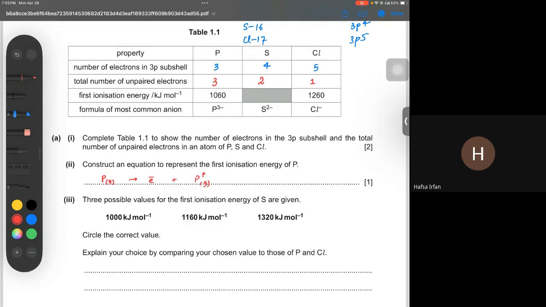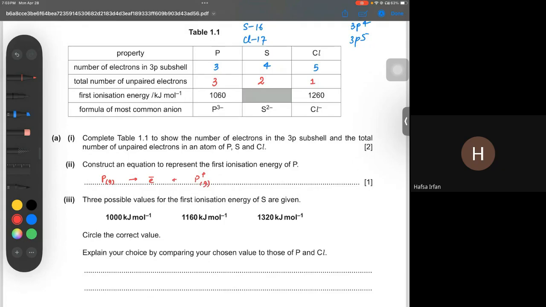Across the period ionization energy increases, but there are exceptional cases like magnesium and aluminum, beryllium and boron, nitrogen and oxygen, phosphorus and sulfur. The ionization energy of sulfur should be higher, but it is lower.